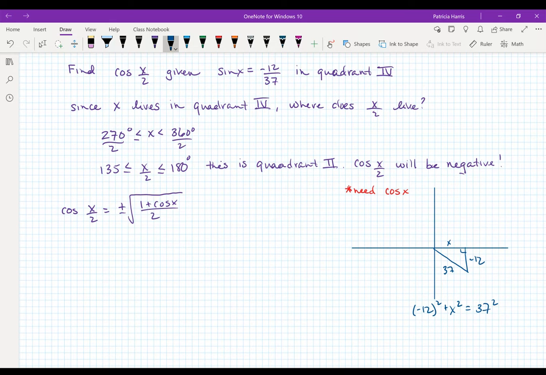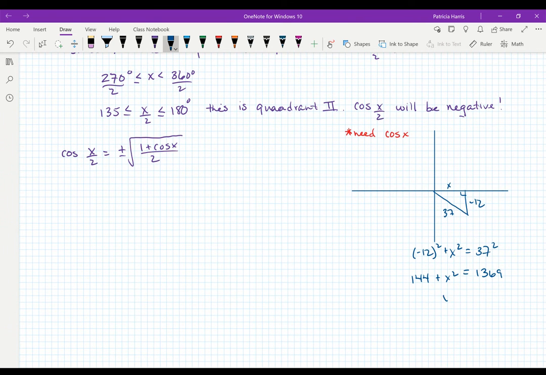So 37 squared, and then we subtract. We take the square root. And we get 35.